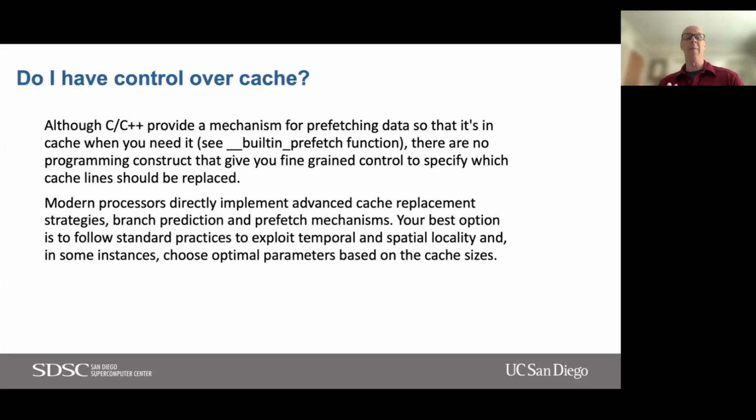Modern processors directly implement advanced cache replacement strategies. They also do things like branch prediction and prefetch mechanisms. So I'm going to say your best option is just to follow standard practices, exploit temporal and spatial locality, and in some instances, maybe choose optimal parameters for the size of your arrays based on cache sizes.